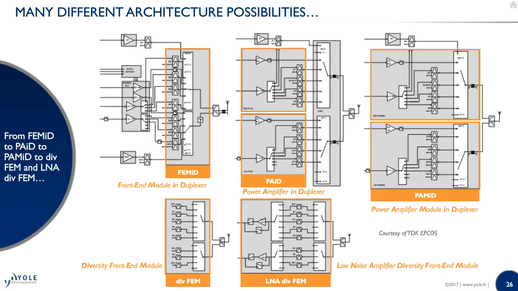So what you will see is that if you consider this front-end module, you have a huge variety of architectures. Here I just named the big architectures. You might have heard, of course, of the FEMiD, or the front-end module with duplexers. The idea is just how do you integrate all these components? They used to be discrete components, and now we are more into an integration approach.